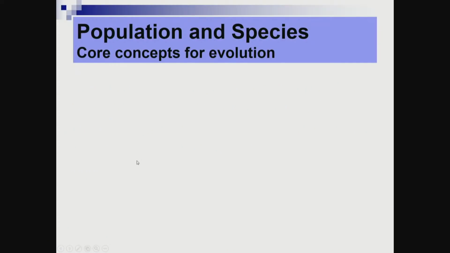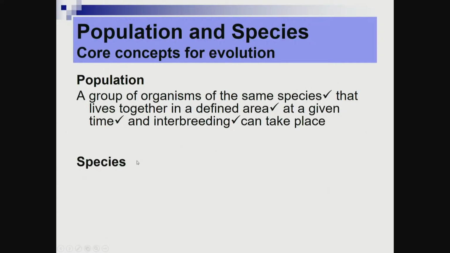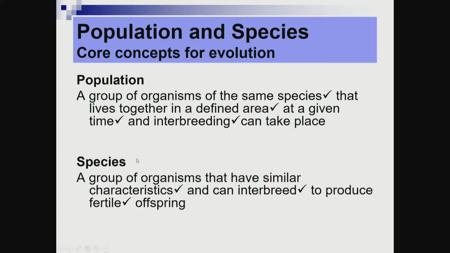The next slide has the definition of a species and a population, two very important terms: a population is the same species in a defined area at a given time, and a species is where, if two organisms can interbreed, they can produce fertile offspring.